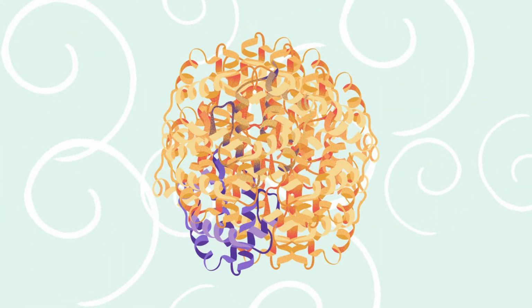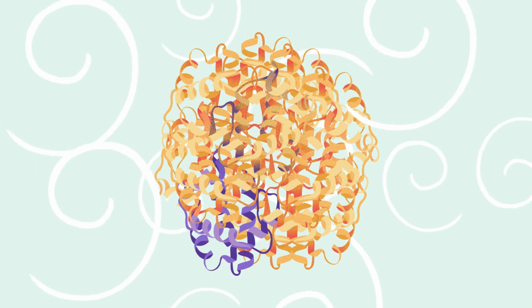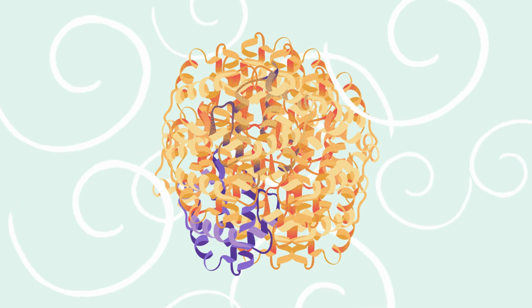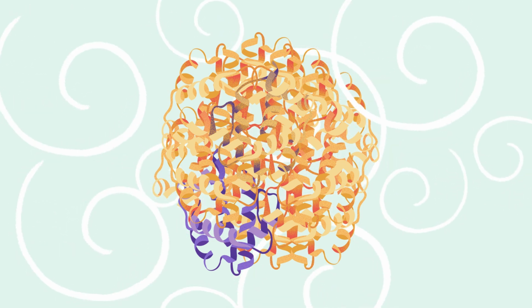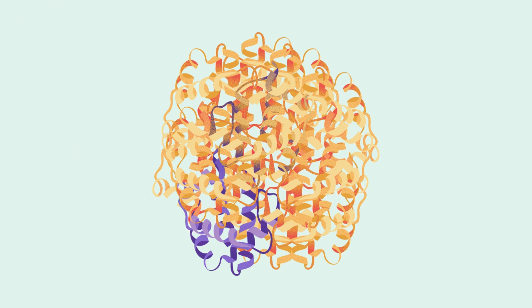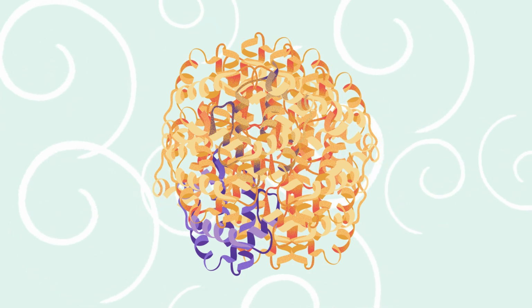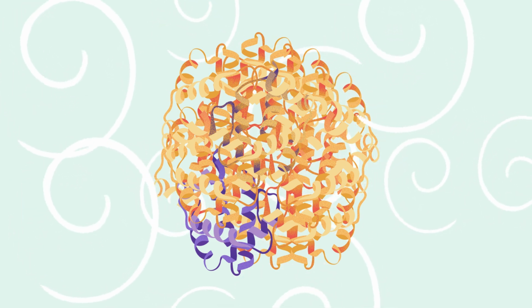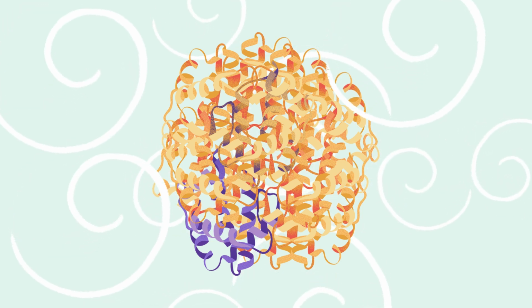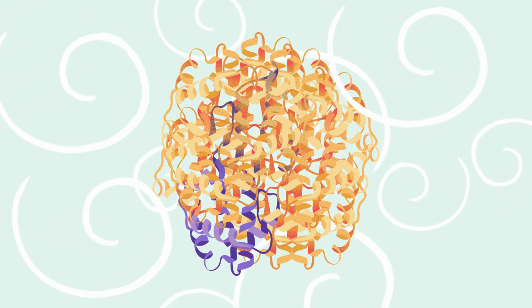Globular proteins are distinguished by their compact, spherical shape and water solubility, which enables them to participate in a diverse range of dynamic biological functions as enzymes, hormones, transporters, and in other crucial roles.